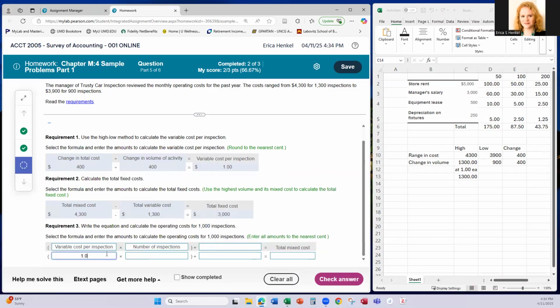So $1 per inspection times 1,000 inspections gets us $1,000. Then we add to that the total fixed cost, which we just calculated at 3,000. So for 1,000 inspections, it would cost us 1,000 plus 3,000, which is a mixed cost of $4,000.